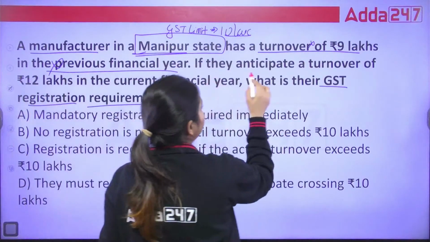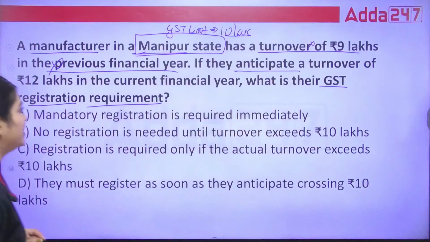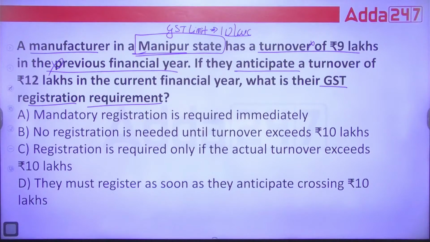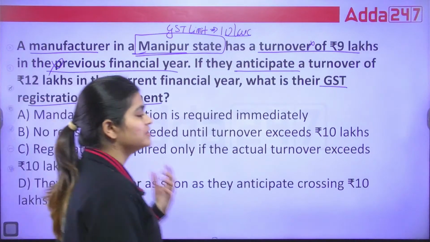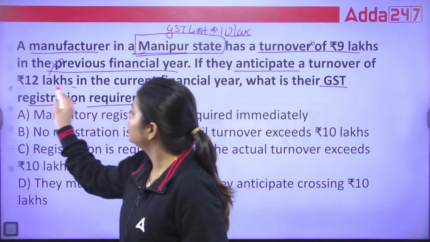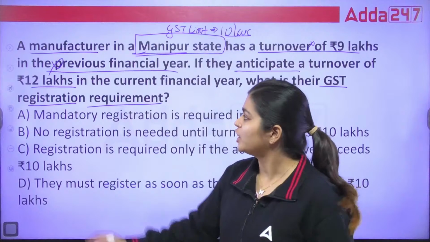Next line, if they anticipate a turnover of 12 lakh in the current financial year, what is their GST registration requirement? Anticipate means they are estimating that in this current year they are going to do a turnover of around 12 lakhs.